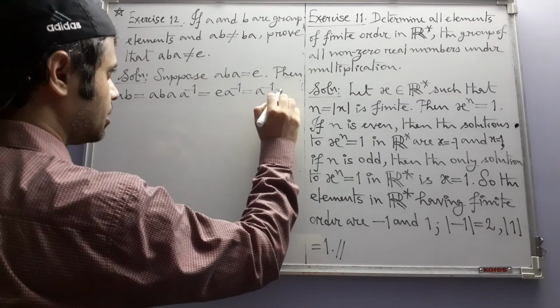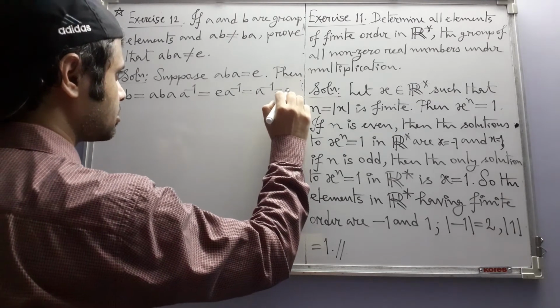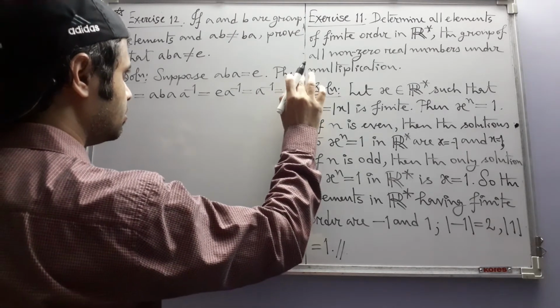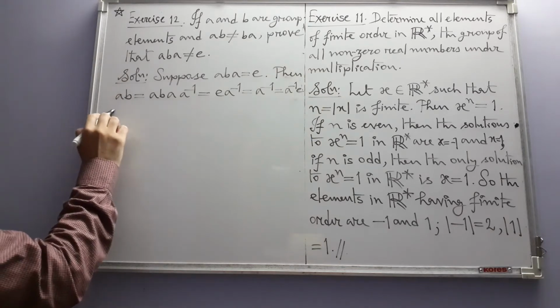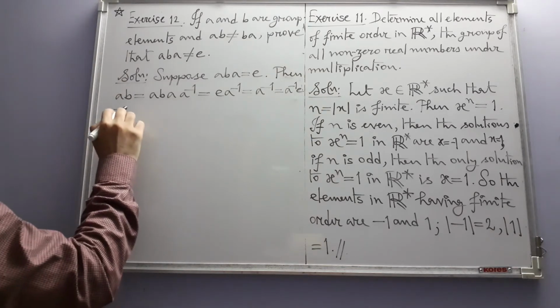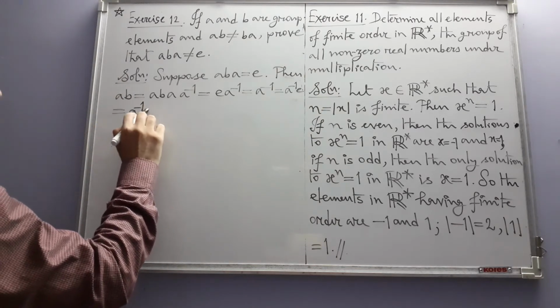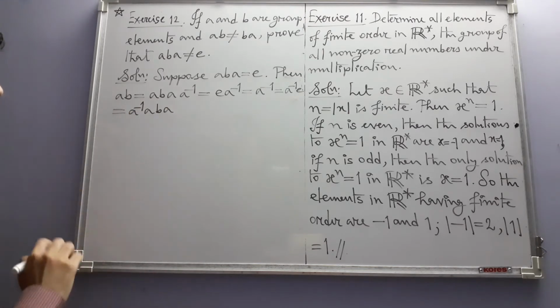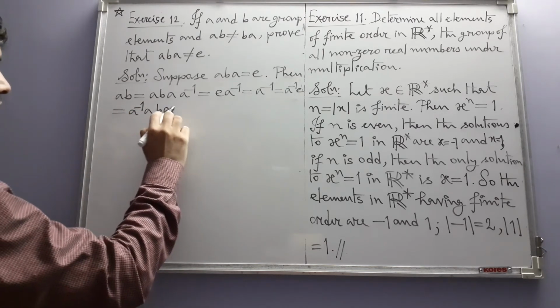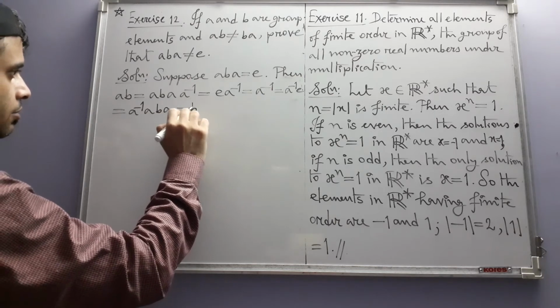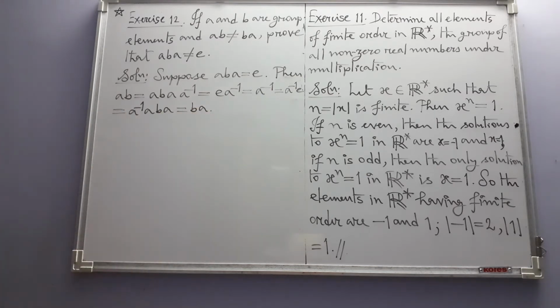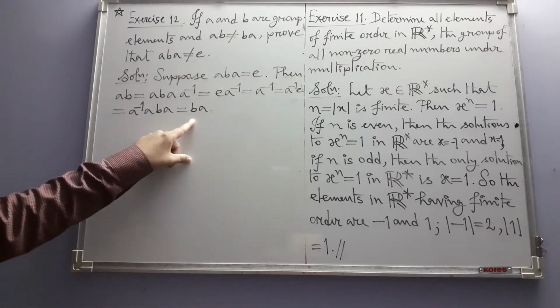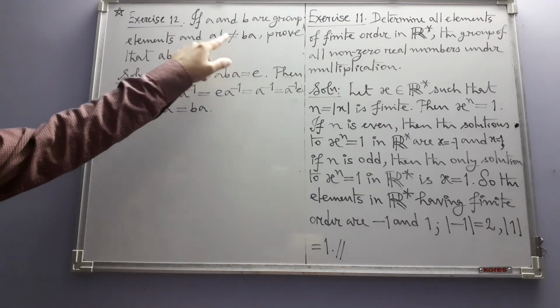But A inverse then again can be written as A inverse E, and in place of E we can again write ABA. Now this A inverse and A, they cancel out, giving us BA. So AB is equal to BA, and this directly contradicts our hypothesis.